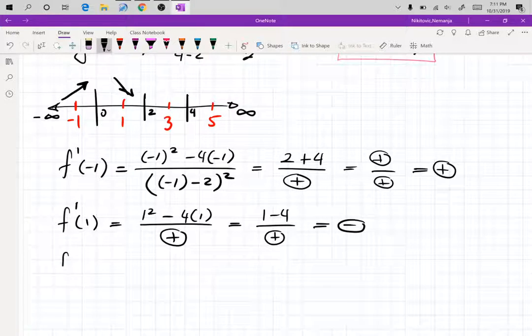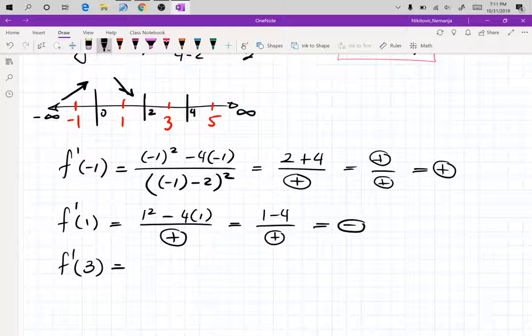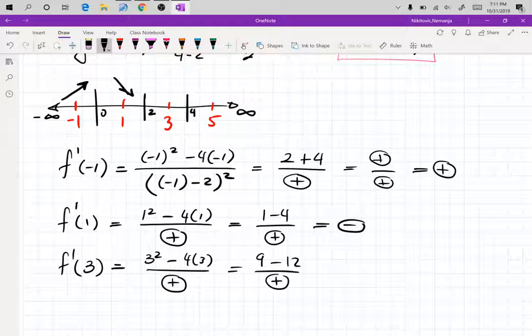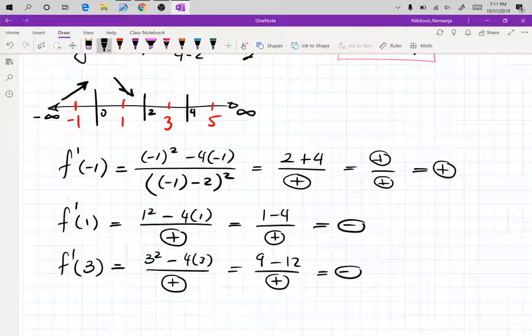Now f prime at 3. 3 squared minus 4 times 3, divided by something positive, which is 9 minus 12 divided by a positive value, also negative. Boom.